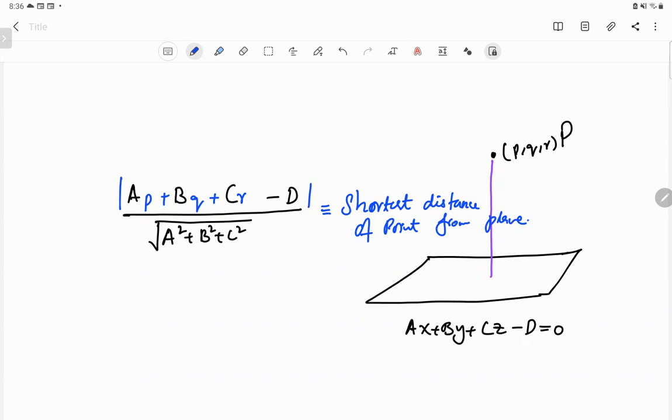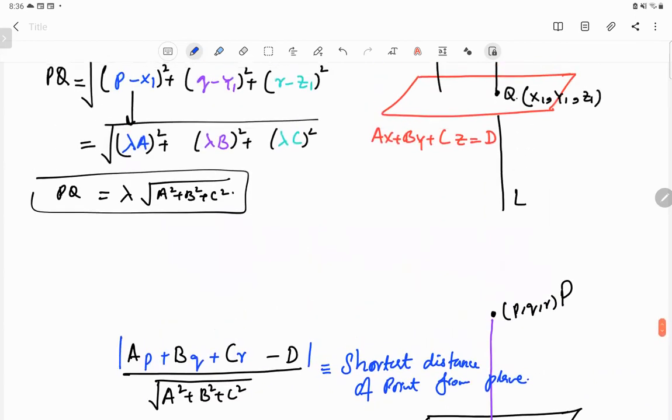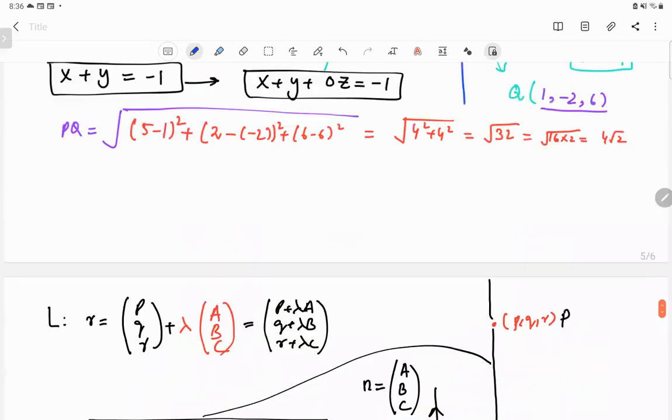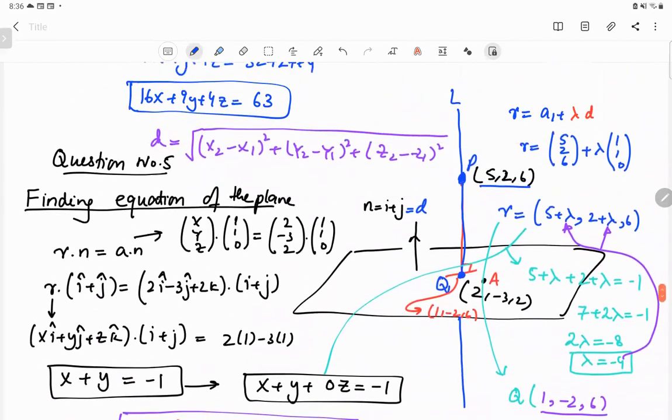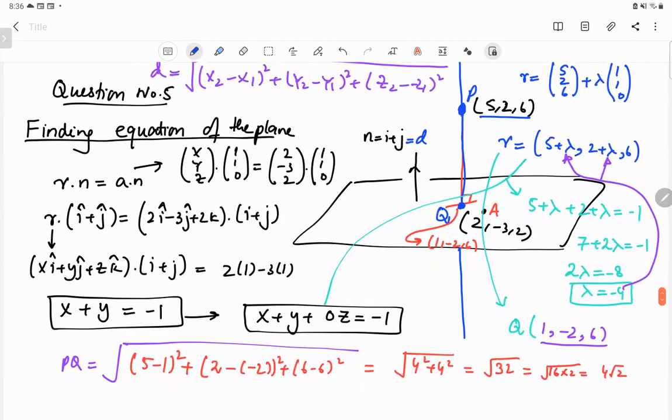Modulus is there to remove any kind of negative sign. Now, if you memorize this formula, you can use this formula directly. And in this particular case, instead of doing all the working, you could have simply used this formula directly.